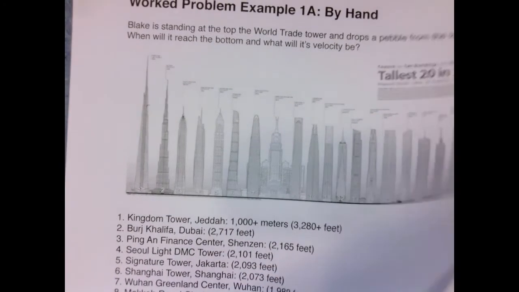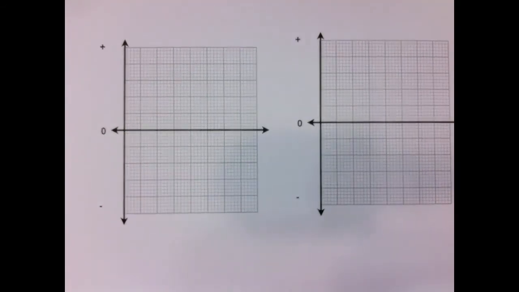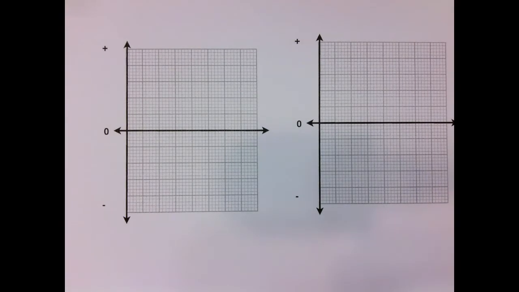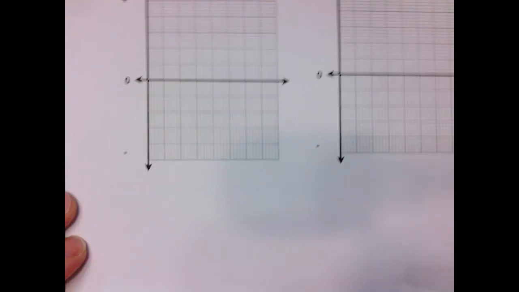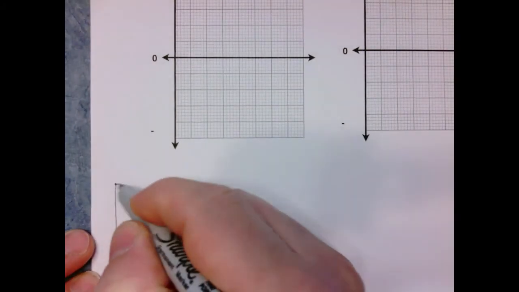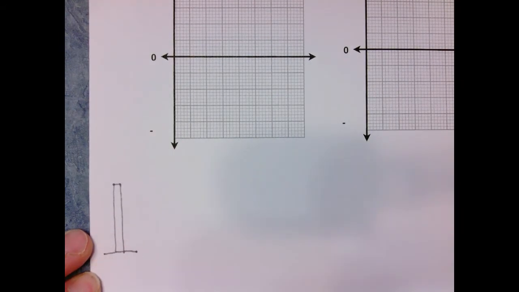So in beginning this problem, there's a number of steps we should take. First one is to draw a kind of a picture and create a coordinate system. So over here on the side, I'll draw the World Trade Tower like this, like so.